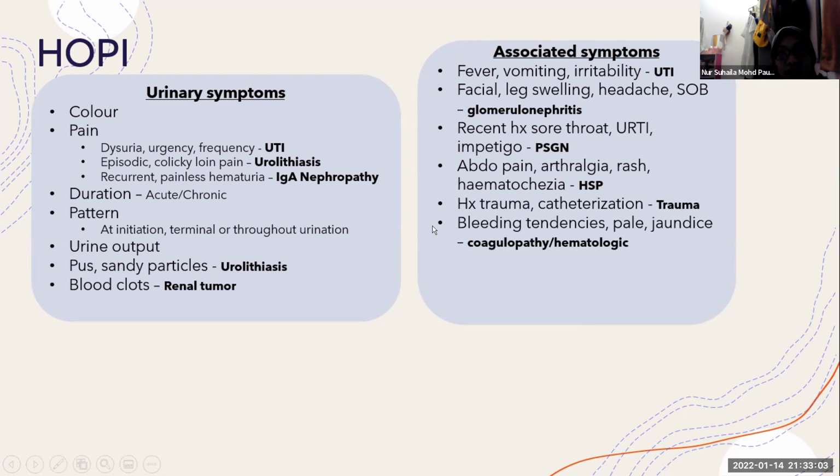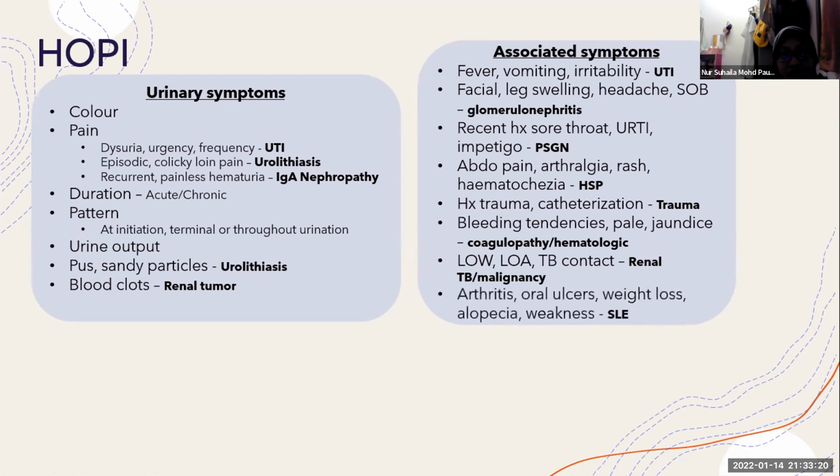And if we suspect trauma, ask about the history of trauma and recent urinary catheterization, and bleeding tendency, plus jaundice in coagulopathy. And also ask about constitutional symptoms and TB contact for renal TB and malignancy. And if you suspect SLE, ask about arthritis, oral ulcer, weight loss, alopecia, and weakness.